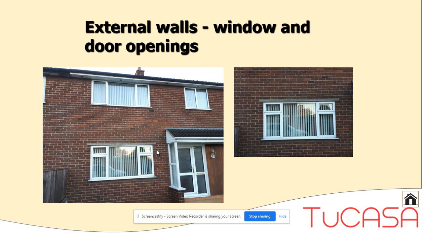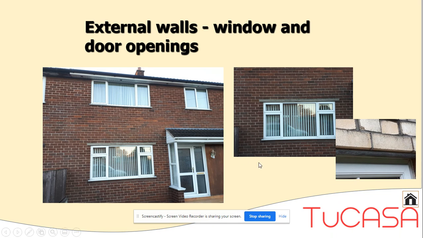Lintels could be formed in different materials. For many years now, we've used steel lintels of different profile shapes, and in this photograph that I've just put up, you can see the edge of the lintel, because it's disguised by the facing brickwork there.